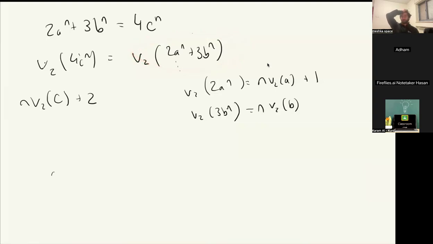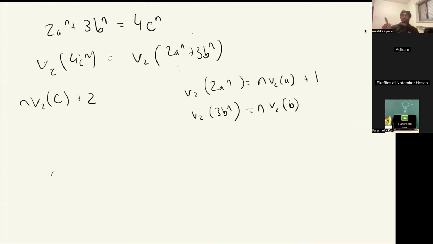Oh, we couldn't add stuff with them. So isn't there an equation that says that VP of x plus y is equal to the smaller one if VP of x isn't equal to VP of y? Yeah, exactly, right? So this is general.